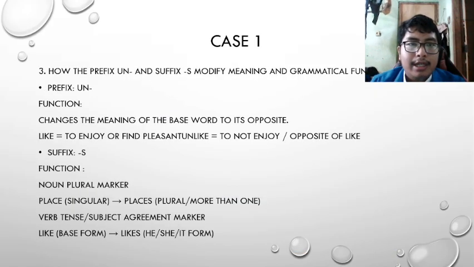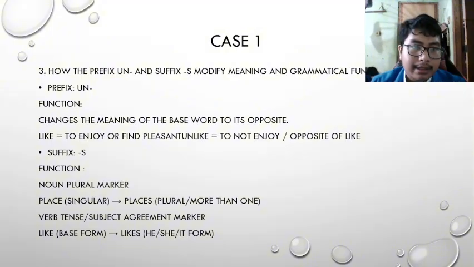For number 3, how the prefix un- and suffix -s modify meaning and grammatical function. Prefix un- changes the meaning of the base word to its opposite, like to enjoy or find pleasure, pleasant; unlike becomes to not enjoy, the opposite of like.